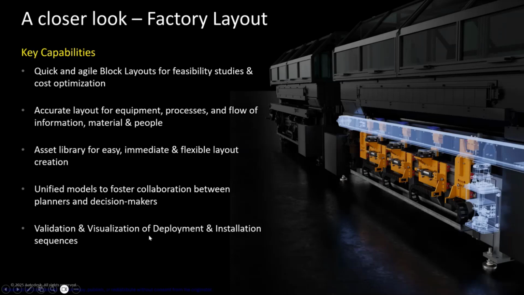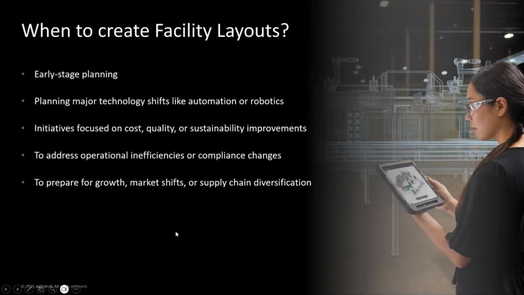Validation and visualizations. So when is it best to create facility layouts or plans? Obviously it's at the early stage of planning. When you plan for a major technology shift, like maybe you want to add new automation systems or new robotics, this is the very best time to start the process analysis.